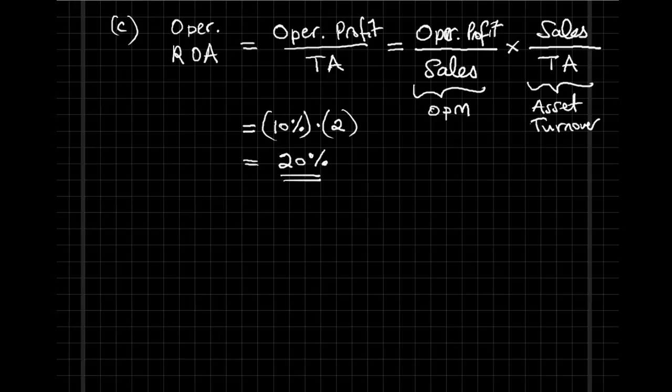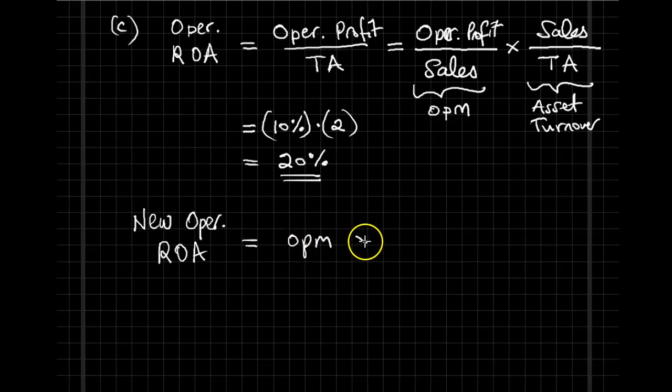But now, assuming sales increased and we have a new total asset turnover, in which case we achieve our goal of 3.5, we can find the new operating return on assets. So new operating returns on assets equals, so we already know that this thing is operating profit margin, and that thing didn't change really.